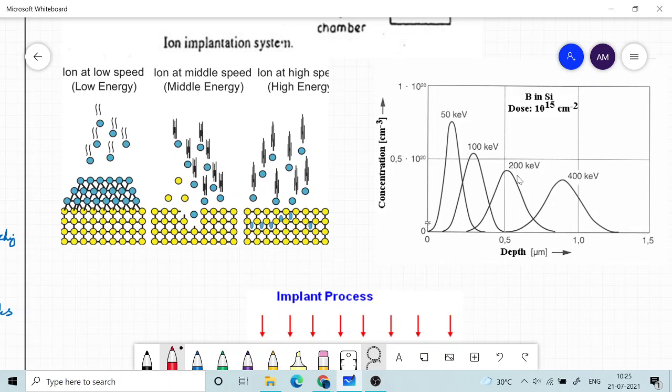If you reduce it to 200 kilo electron volt, it can go only up to 0.5 micrometer, okay. At 100 kilo electron volt, it goes something like 0.25. For 50 kilo electron volt, it will get stopped at some 0.15 or 150 nanometer depth. So basically all the dopant atoms will be going there.